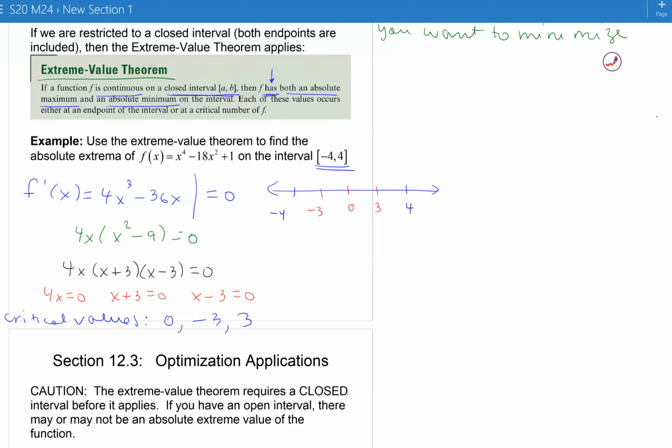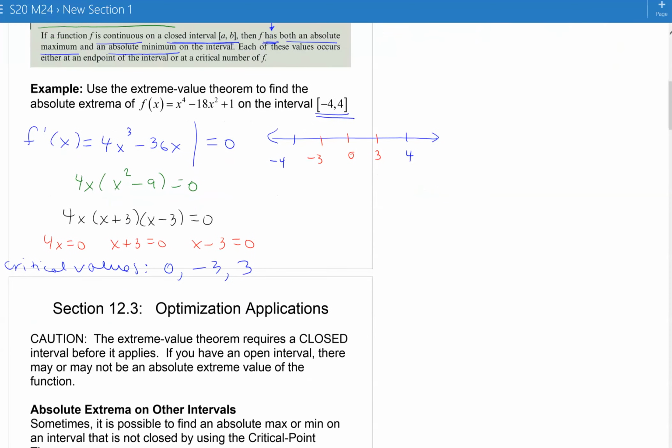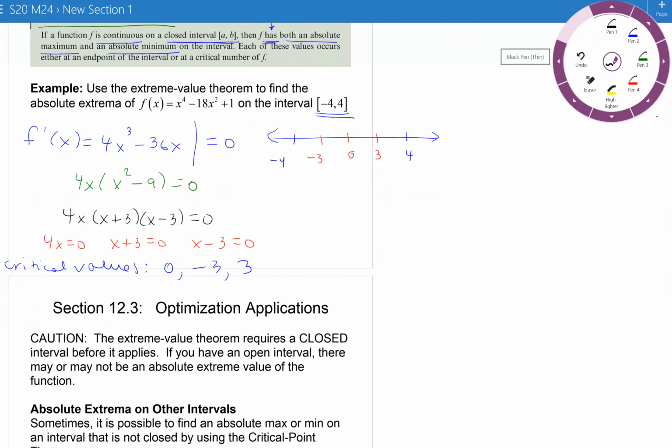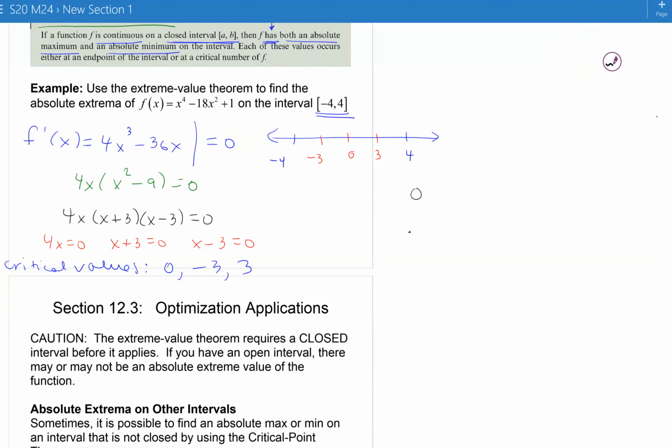So they are all on my interval, so I need all of them. So then what you do is list your critical values, 0, -3, and 3, and your endpoints of your interval.